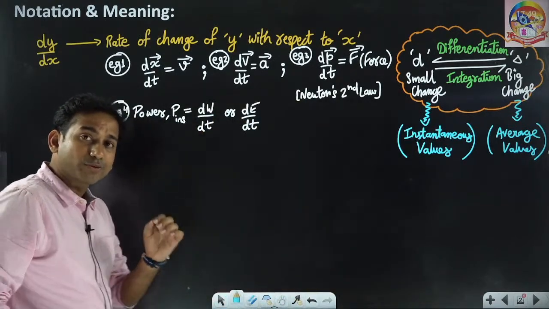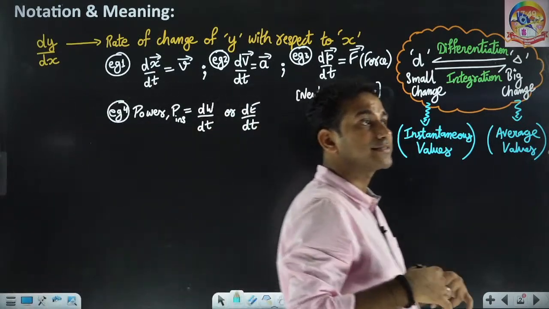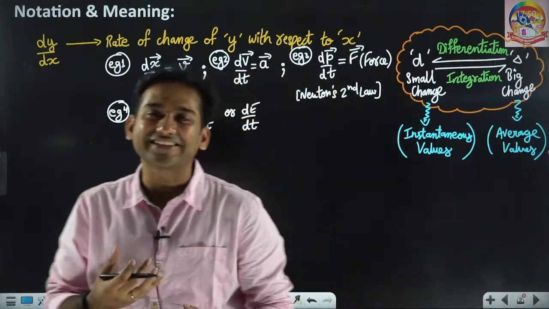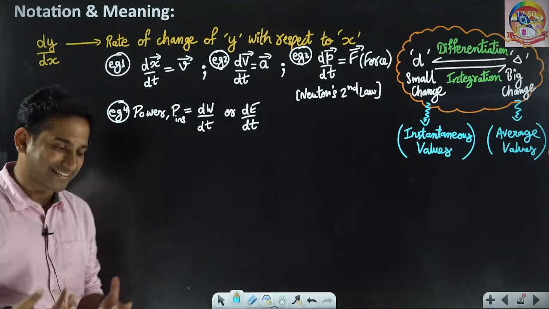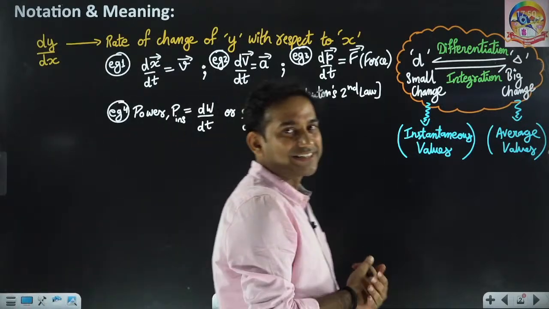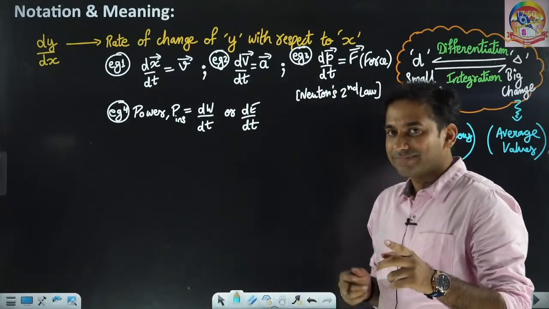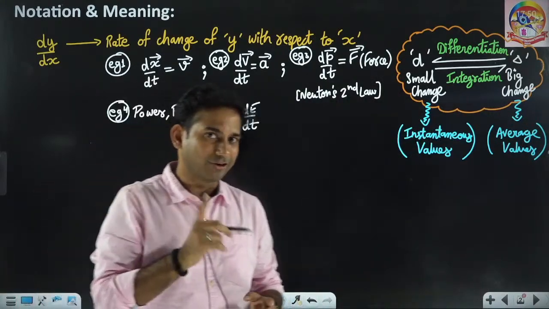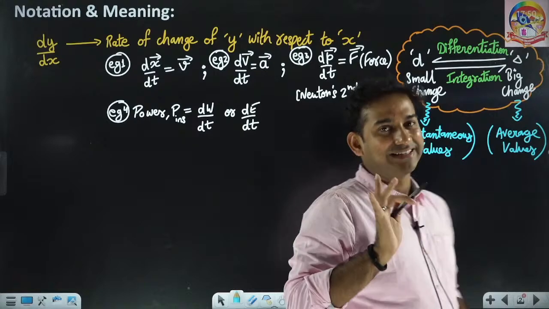So the first question which we should ask ourselves is why there is a need for differentiation and integration in physics? You know that the majority of physics contribution is given by Newton, and Newton was not just a physicist, he was a mathematician.